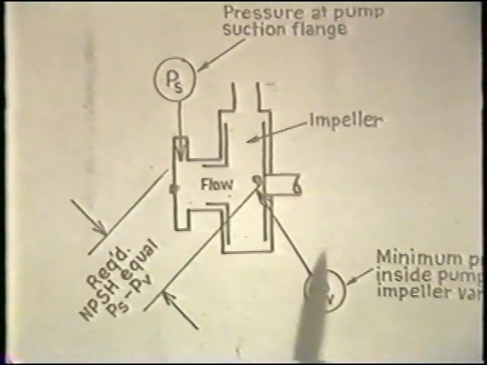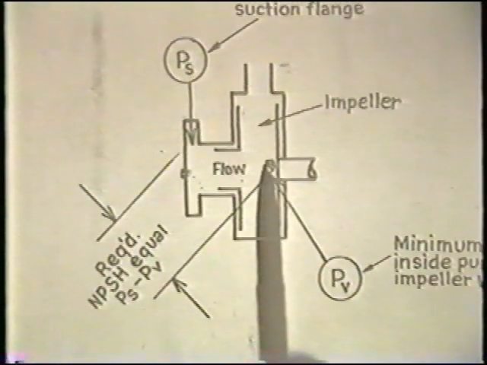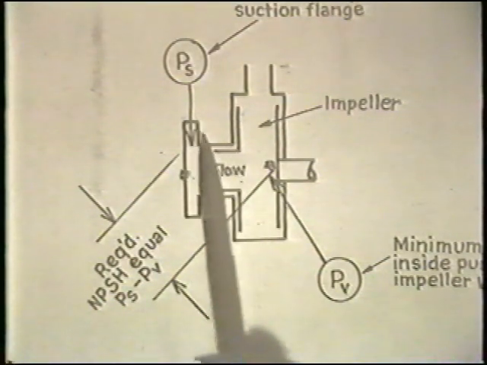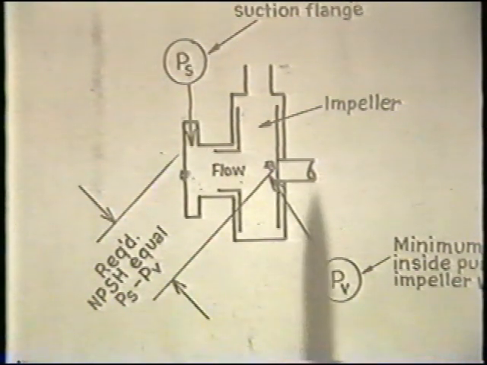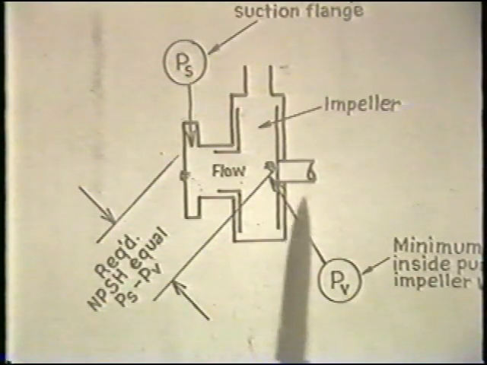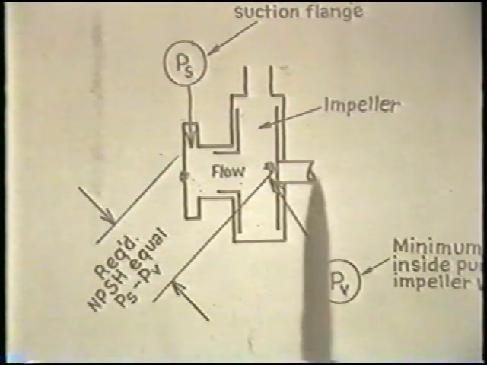Now, should that pressure drop exceed the pressure available at the pump suction flange over and above the liquid vapor boiling point, we will flash into steam or vapor inside the pump.